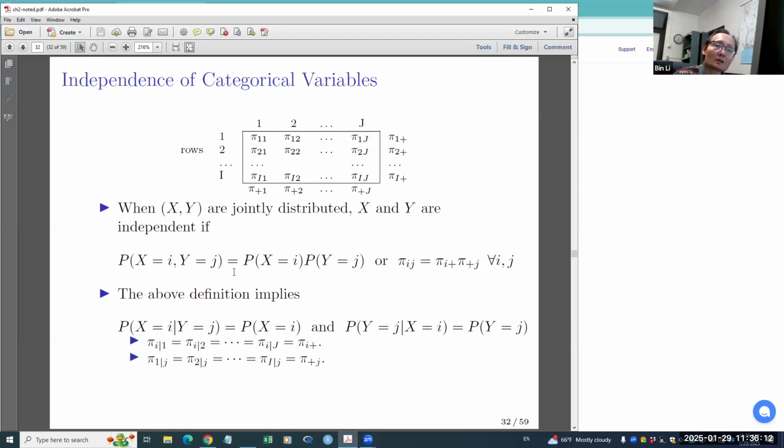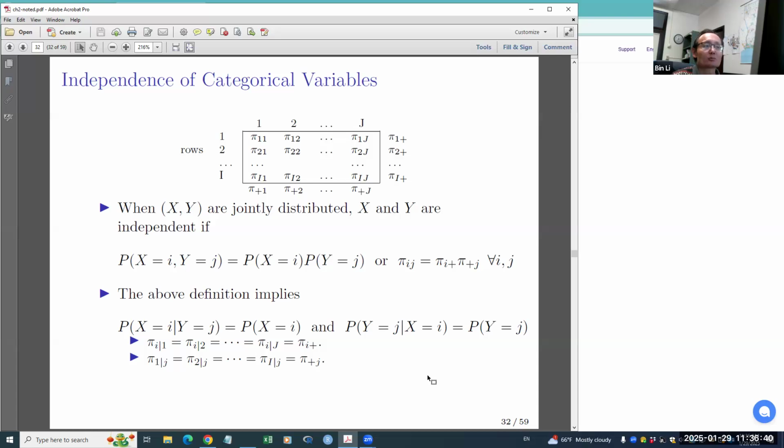So far we talked about the hypothesis test where the null hypothesis is that pi 1 and pi 2 are the same, against not the same, right? How about this time we test independence between x and y, which can also be more general, not just 2 by 2?